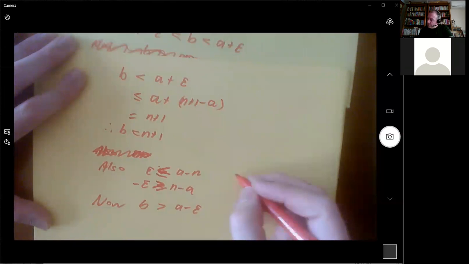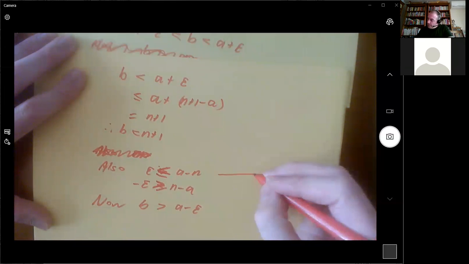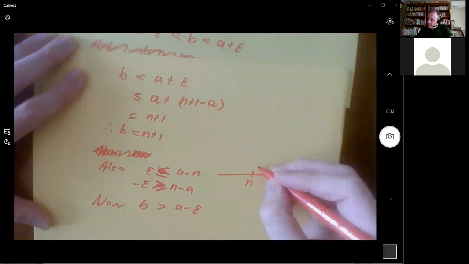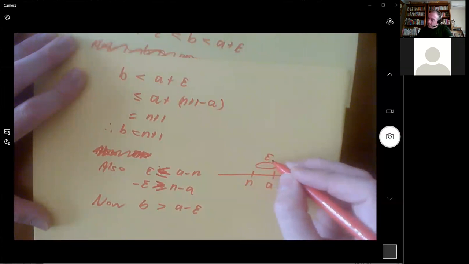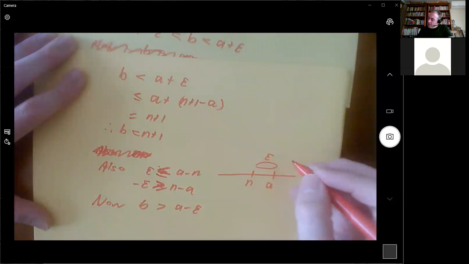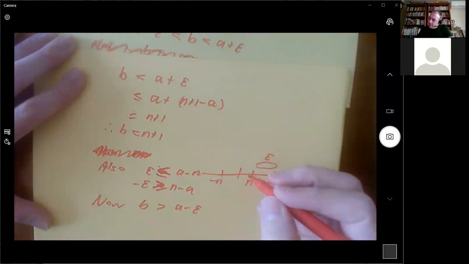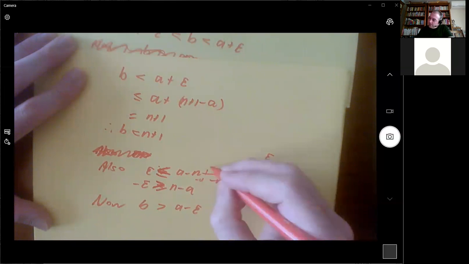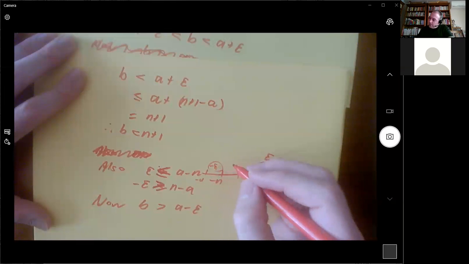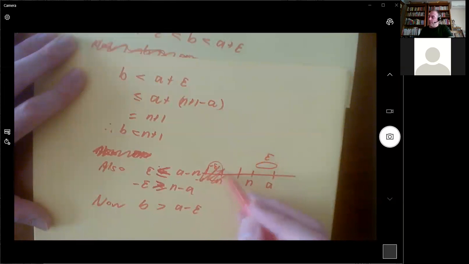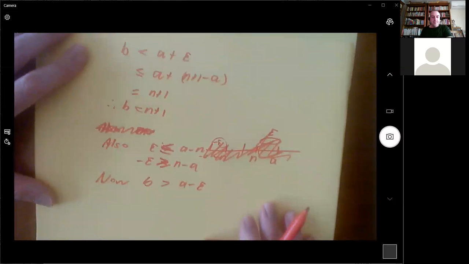Let me just check about this. There's n, there's a. Epsilon is smaller than this, which means that minus epsilon, which is all the way over here, okay, cool. All good, I'm happy.